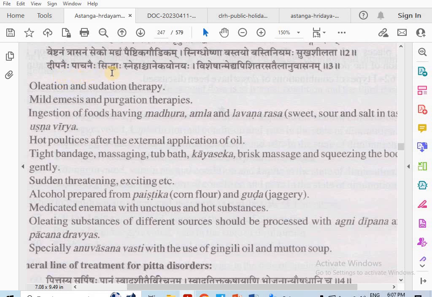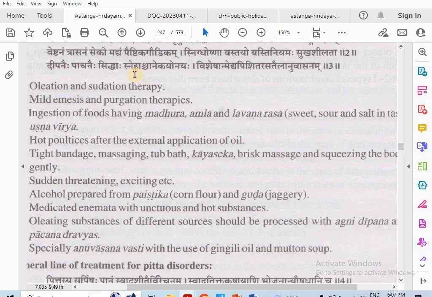Okay, so that's why here Deepane hi Pachane hi Siddhaha. Oleating substances should be of different sources, as I said, and should be processed with Deepana and Pachana. Siddhaha means full of these two, Deepana and Pachana.